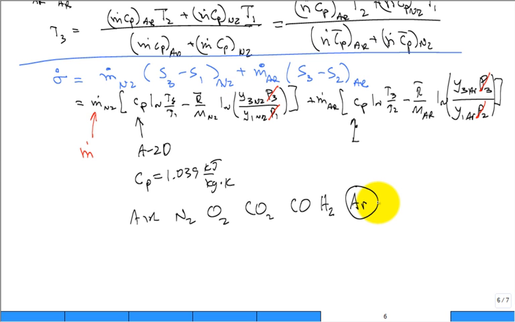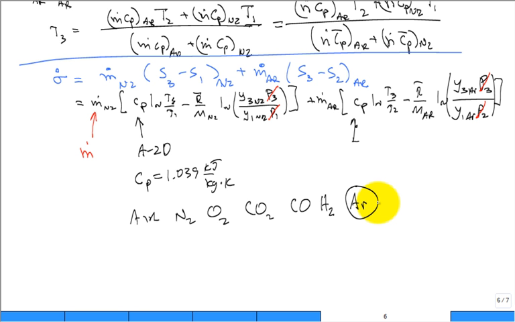Somebody already knows where I'm going. You're going to go to table A21. You're absolutely correct. Somebody says, I don't see argon in table A21. Where is it at? Monoatomic, and it's in the footnote.